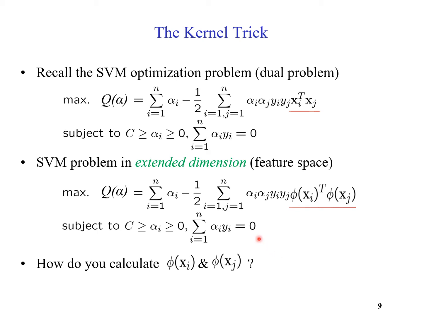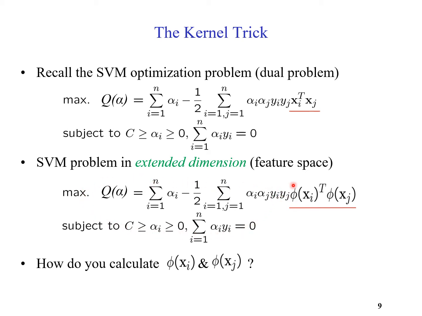Good. Then if you look carefully, the only thing we don't know is this phi(xi), phi(xj). All the other things are no problem.